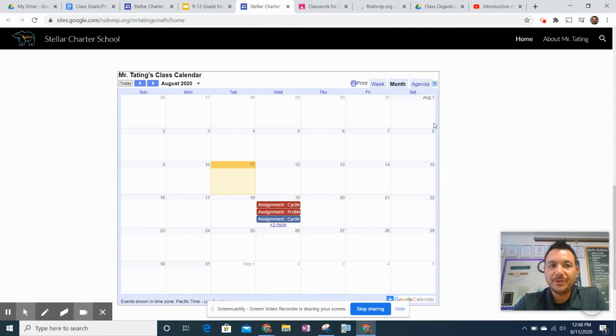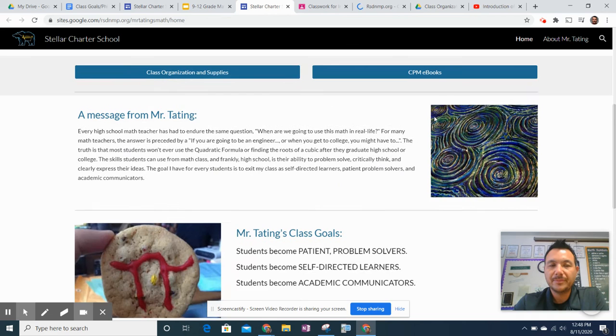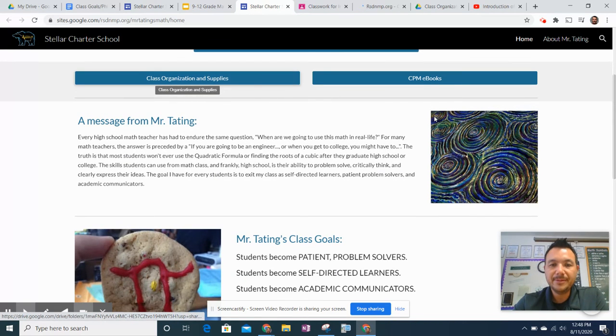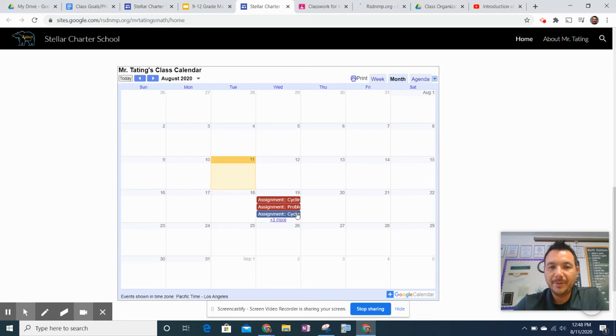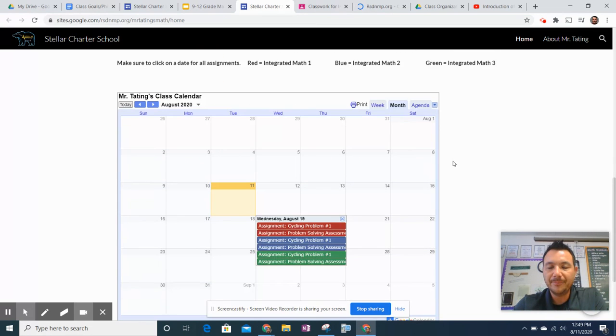But if you access it through the school website, it says Mr. Tading's class calendar, and you can actually click on each date to see when assignments are due. And just be aware that there's a little key up here, but the red assignments are Integrated 1, the blue Integrated 2, and the green are Integrated Math 3.